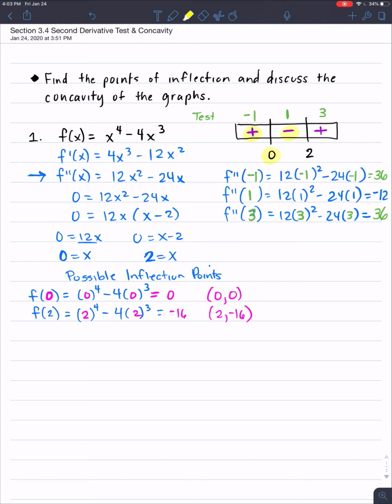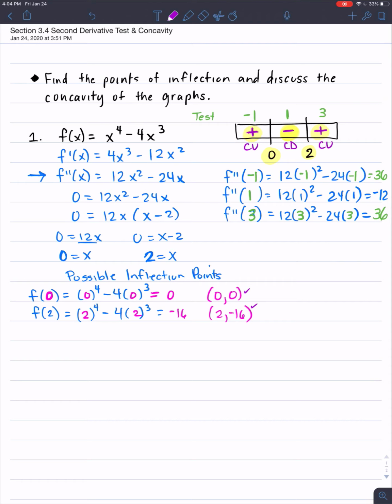So for sure, there's an inflection point and concavity changes. And also, if it goes from negative to positive, that means that is an inflection point. So now we know this is an inflection point, this is an inflection point, and now we're going to say this is concave up, this one's concave down, and this is concave up.